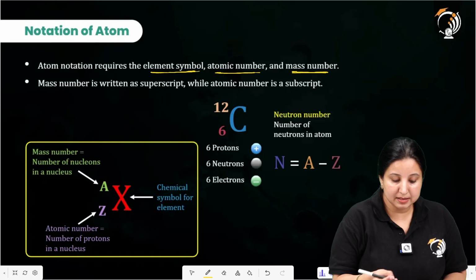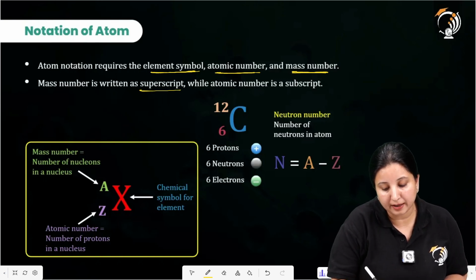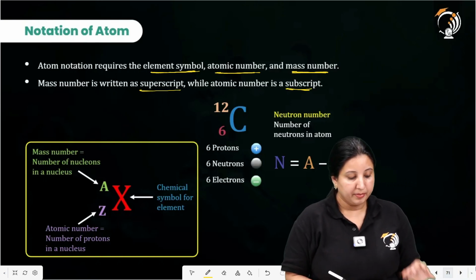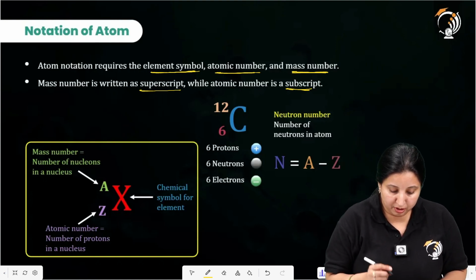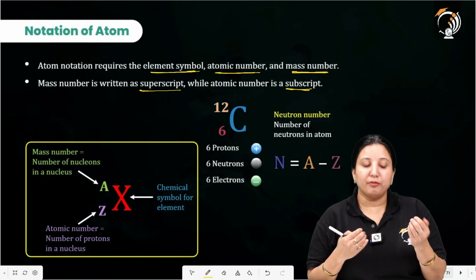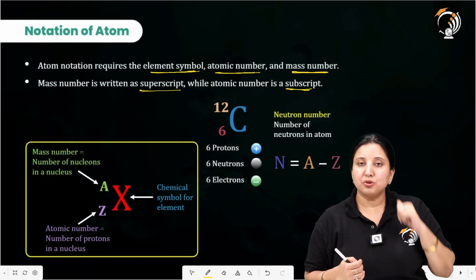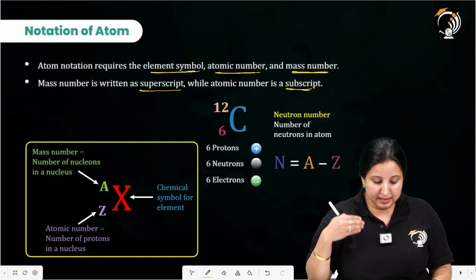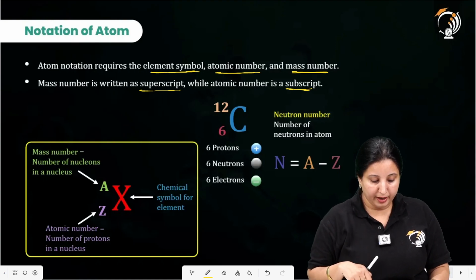Mass number is written as a superscript and atomic number as a subscript. Like over here, X is the symbol of an element, A is upside so it is the mass number, and Z is downside so it is your atomic number.